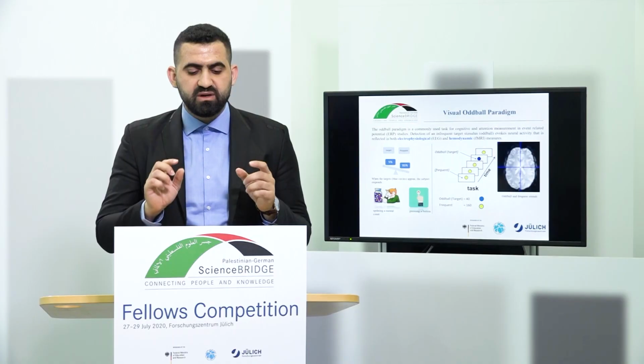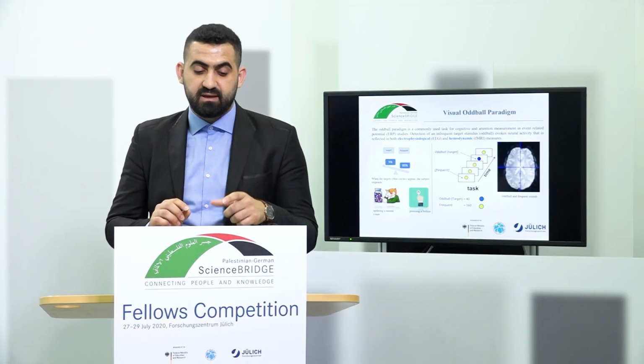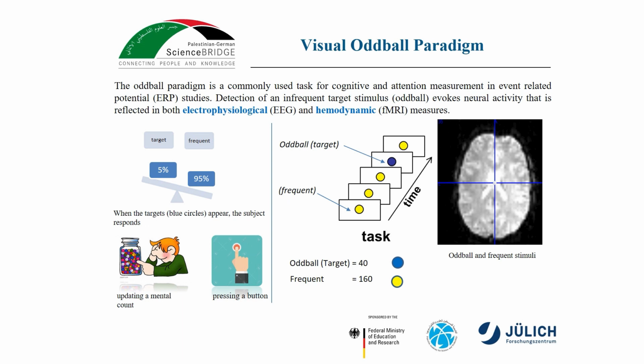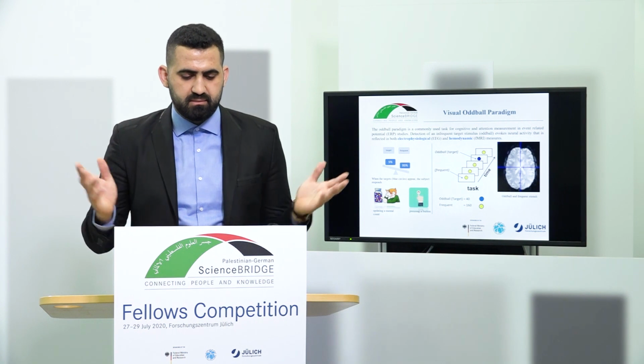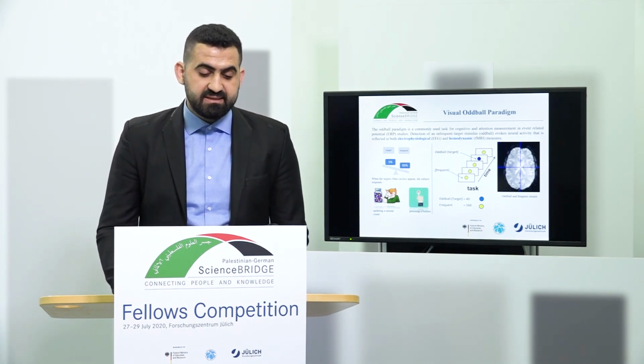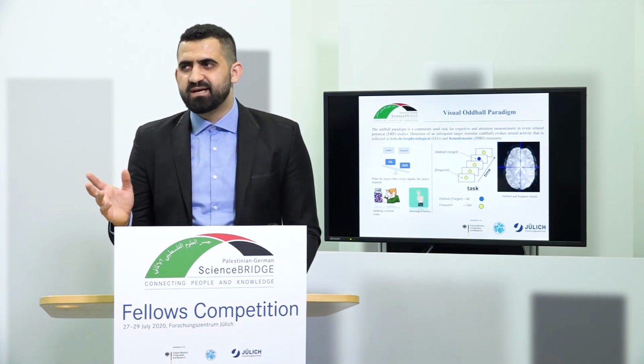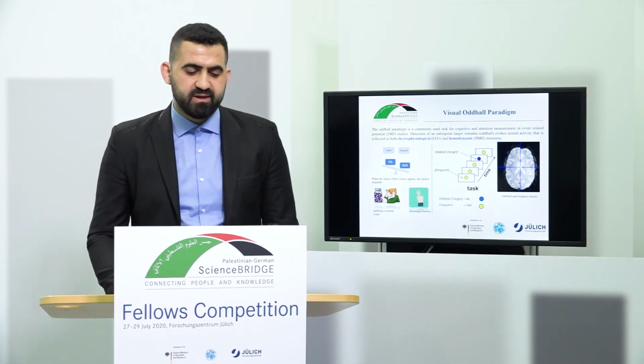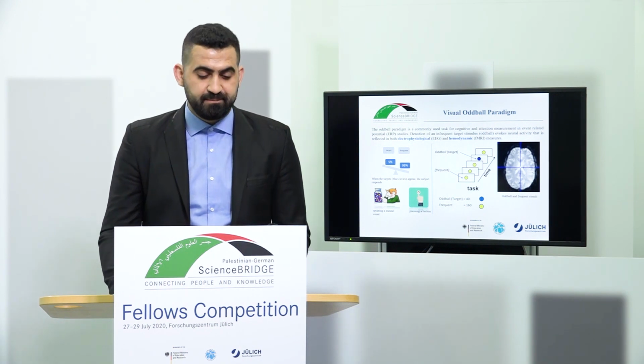So here, with the subject in the scanner, we present these stimuli, and we ask the subject to do some task whenever he realizes the target one, the blue one, and this task could be counting something or responding with their fingers or something else. It's worth mentioning that the target is supposed to be more or less 5%, and the frequent more or less 95%.